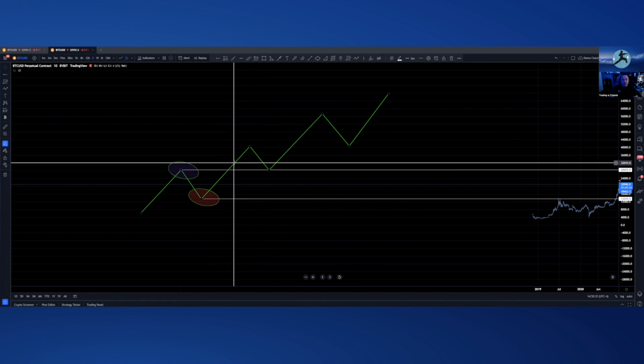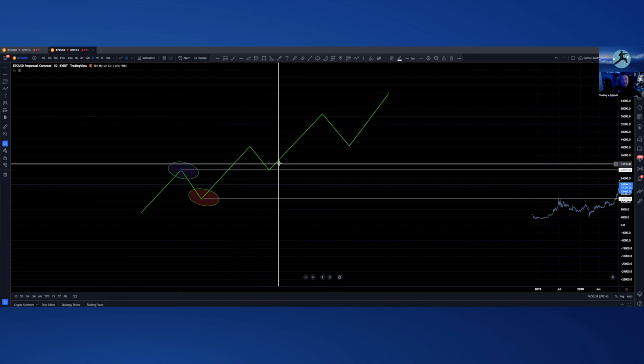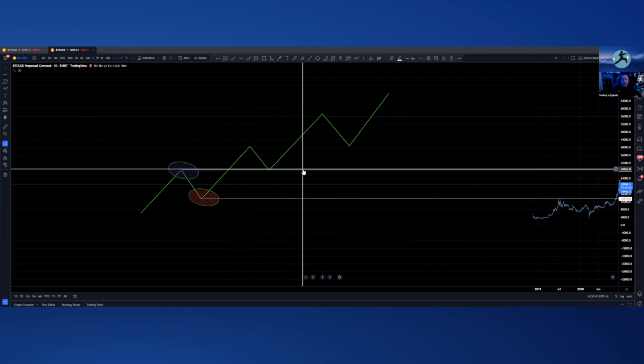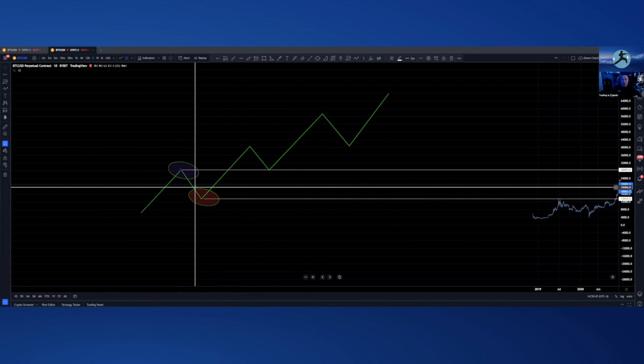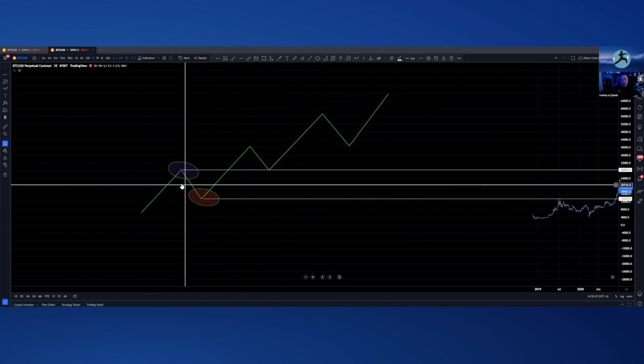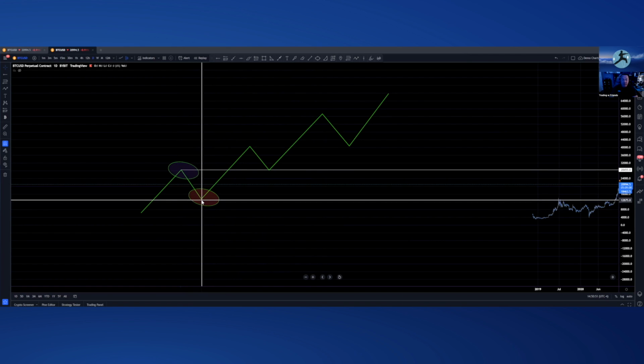So once this happens and we have that pullback, and then it starts to go up, now we know we have a new relevant high and a low. So this is the way I do it.